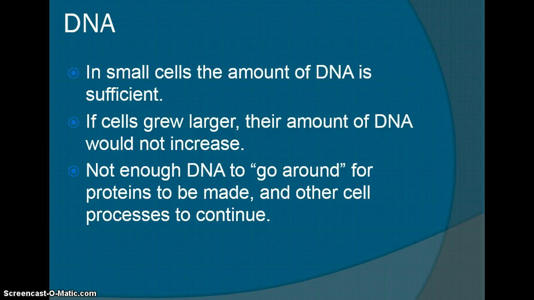Basically the cell runs out of DNA. That's a big thing, and that's why cells don't continue to grow bigger and bigger: this lack of DNA to help synthesize proteins and help daily cell processes to continue.